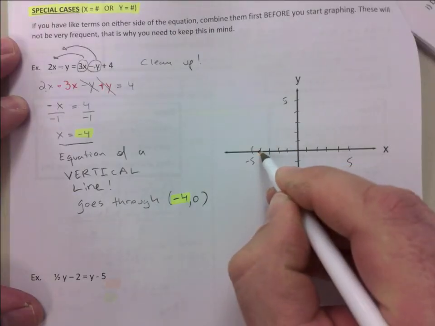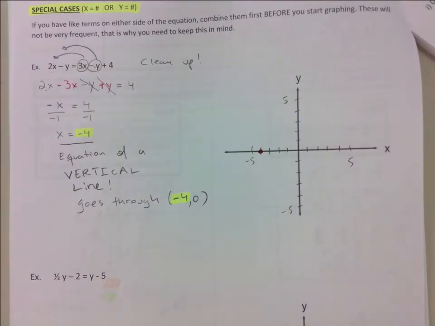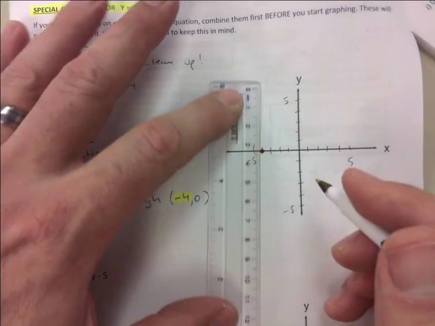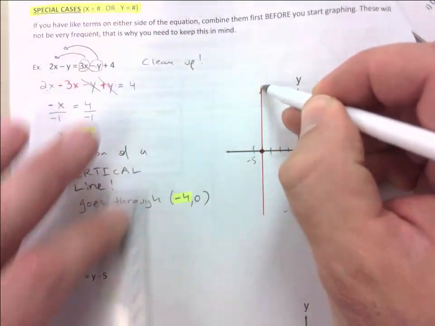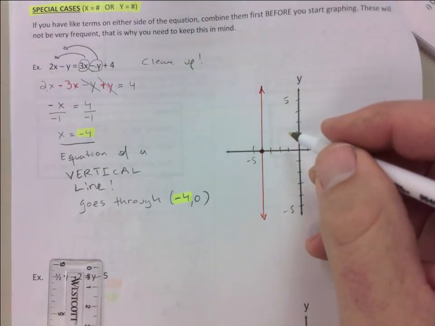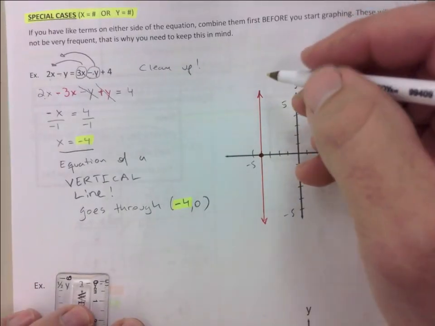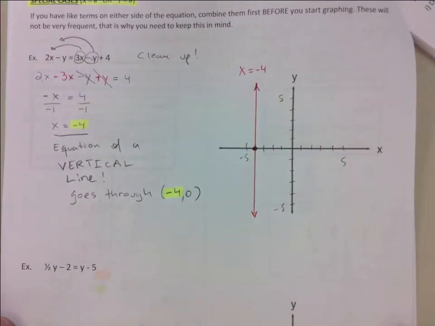It's right there. So all you do is you grab your ruler and you make a horizontal line. Sorry, vertical line, vertical.